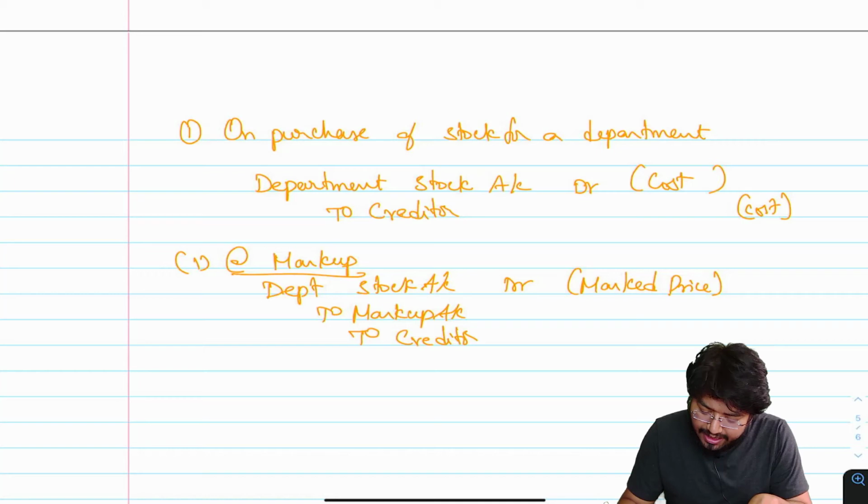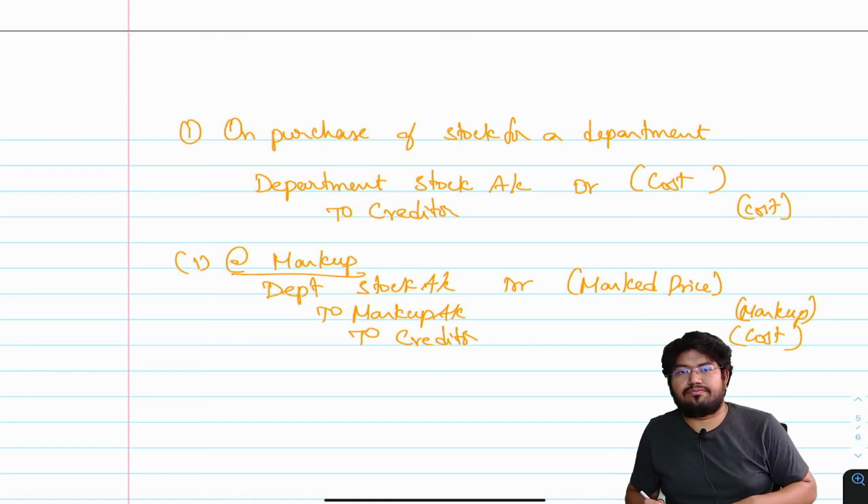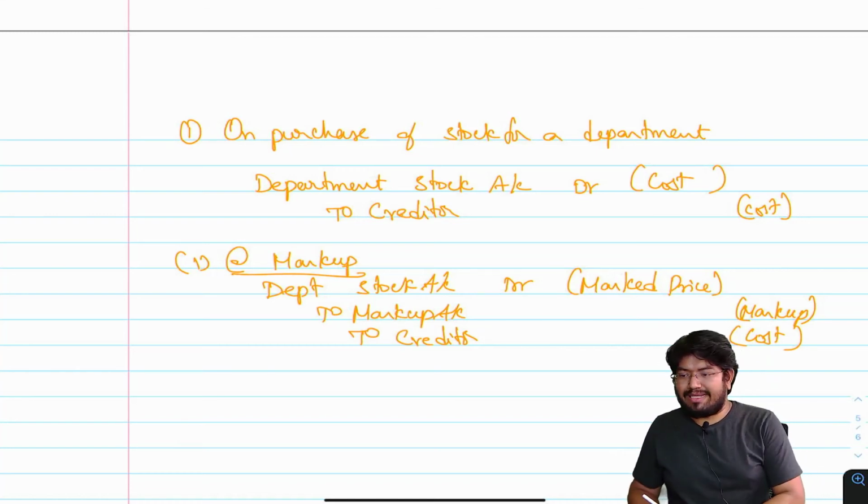And in the markup account, I will show only the markup. And the net amount will be what I am supposed to pay to my vendor. Am I making sense?